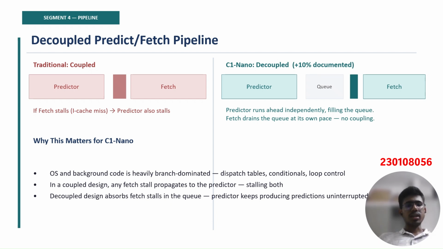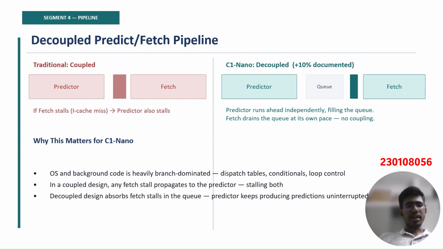If we use a coupled predictor, we face some issues, such as if the fetch stalls, the predictor also stalls. To prevent this, the C1 Nano processor uses the decoupled predict or fetch pipeline. In this, the predictor runs ahead independently, filling the queue, and the fetch drains the queue at its own pace, so no coupling happens.